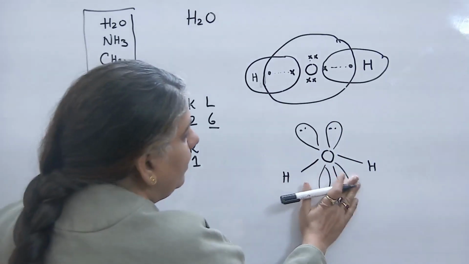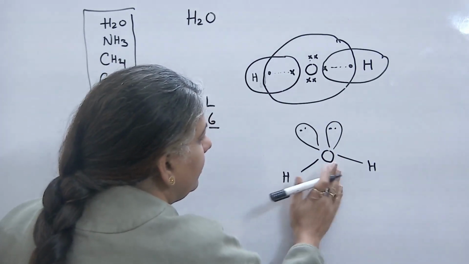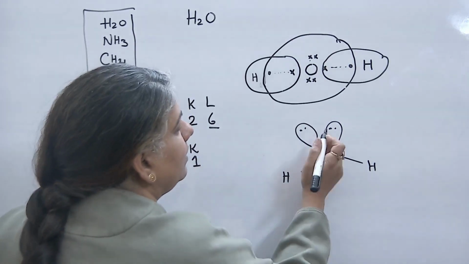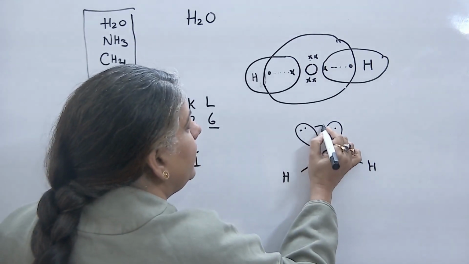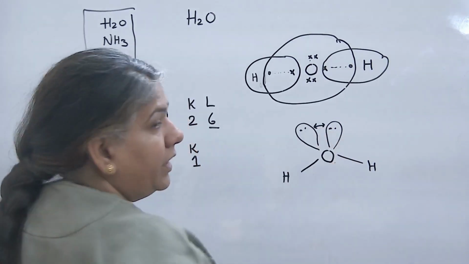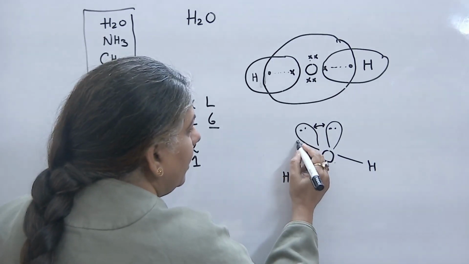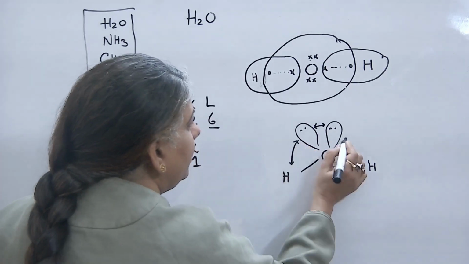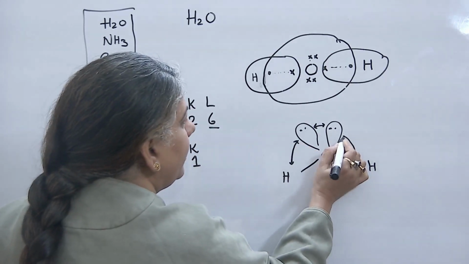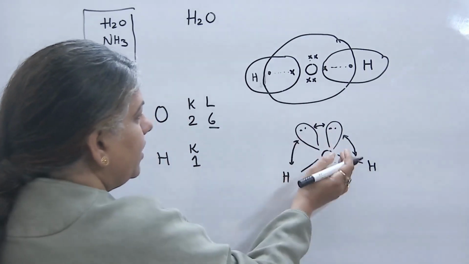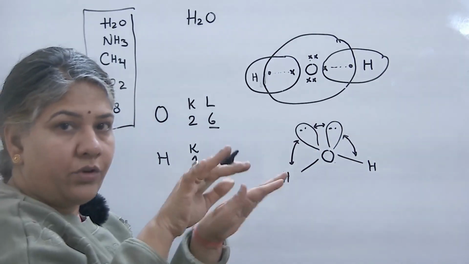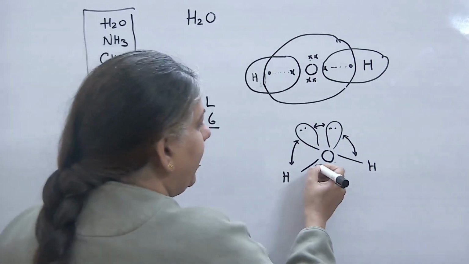So if we see, for simplicity I am just drawing the upper part. See, there will be repulsion because electrons will repel each other, and there will be repulsion between the lone pair and also the shared pair of electrons. So this repulsion causes the hydrogen bonds to bend, so it will form an angle.